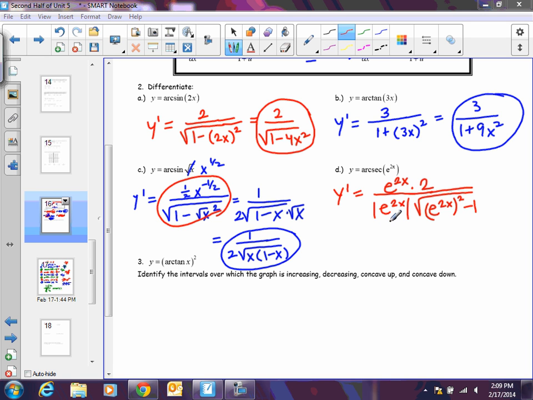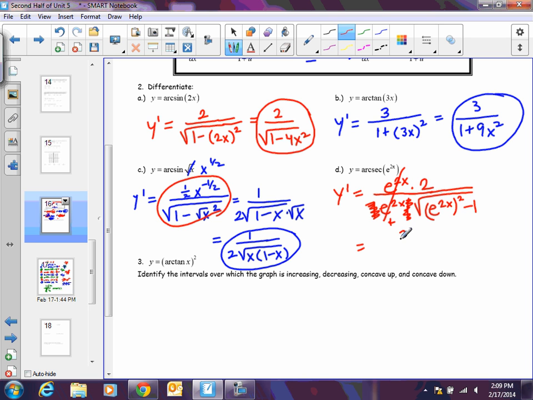Because if that's the case, then these absolute value bars actually don't matter. I want you to understand this. I can say it in this problem, but I cannot say it all the time. You can't just ignore them. I am on this one because e to the 2x is always positive, because it's a positive number being taken to some other power. It may get really small, but it's always going to be positive.